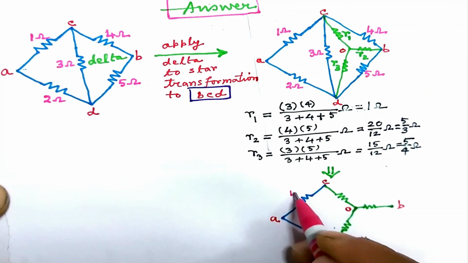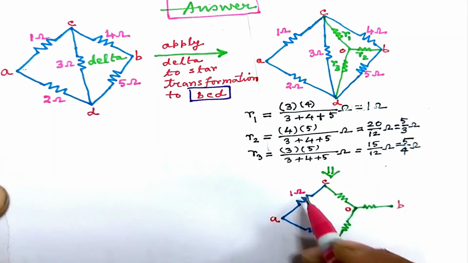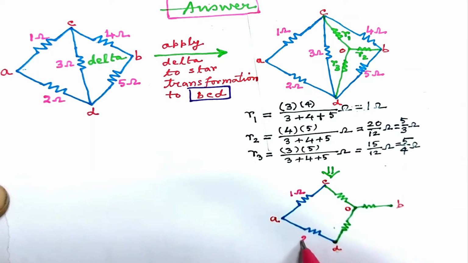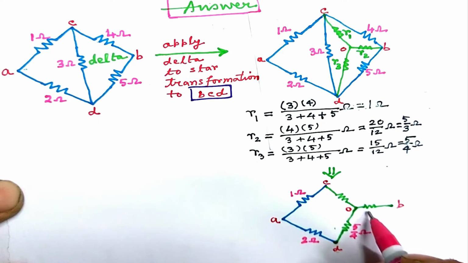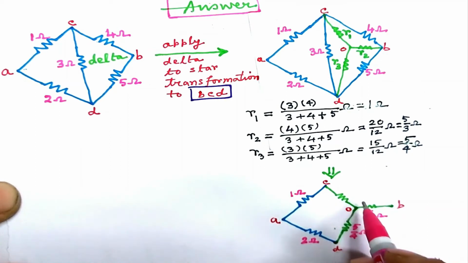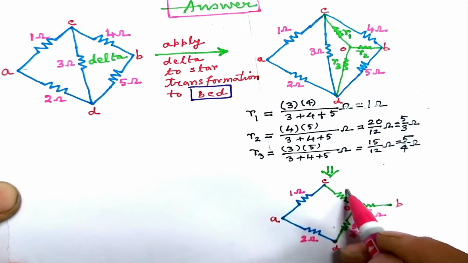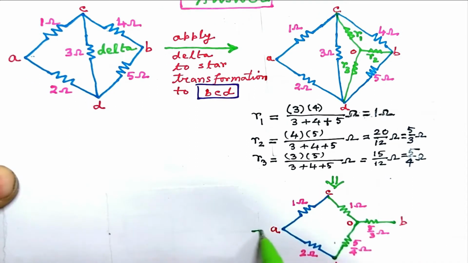The resistance between A and C is 1 ohm and resistance between A and D is 2 ohm. Now the star resistances: that between O and D is R3, equal to 5 by 4 ohm. Resistance between O and B is R2, that is 5 by 3 ohm, and resistance between O and C is R1, that is 1 ohm. Let us redraw it to give it a simpler look.